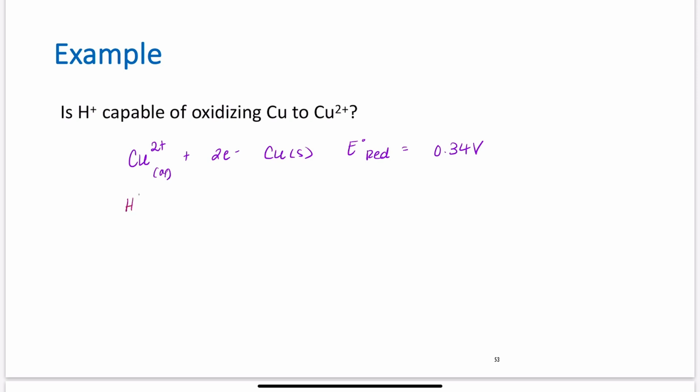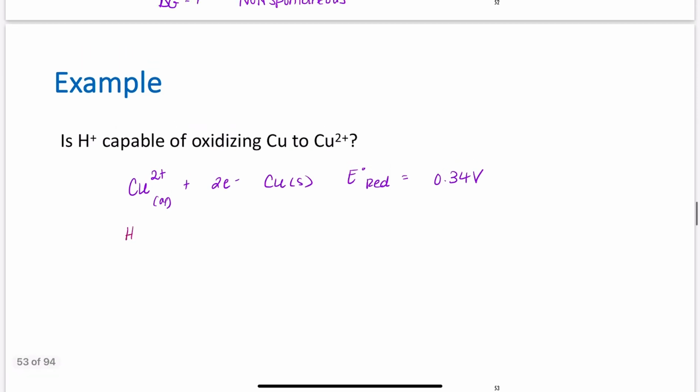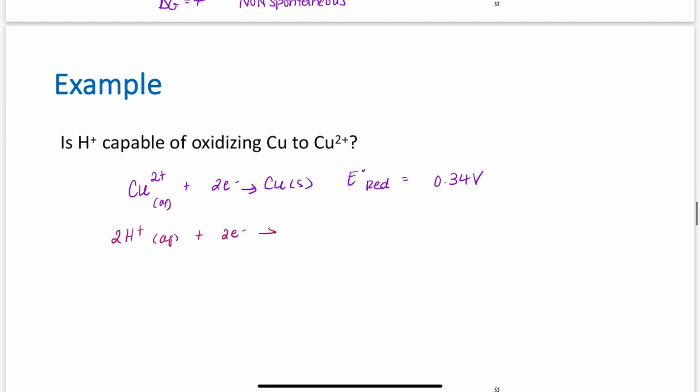Hydrogen, 2H+ aqueous plus 2 electrons. I definitely forgot the arrow in that reaction, I apologize. Giving me H2 gas. Reduction potential here, 0.00 volts.